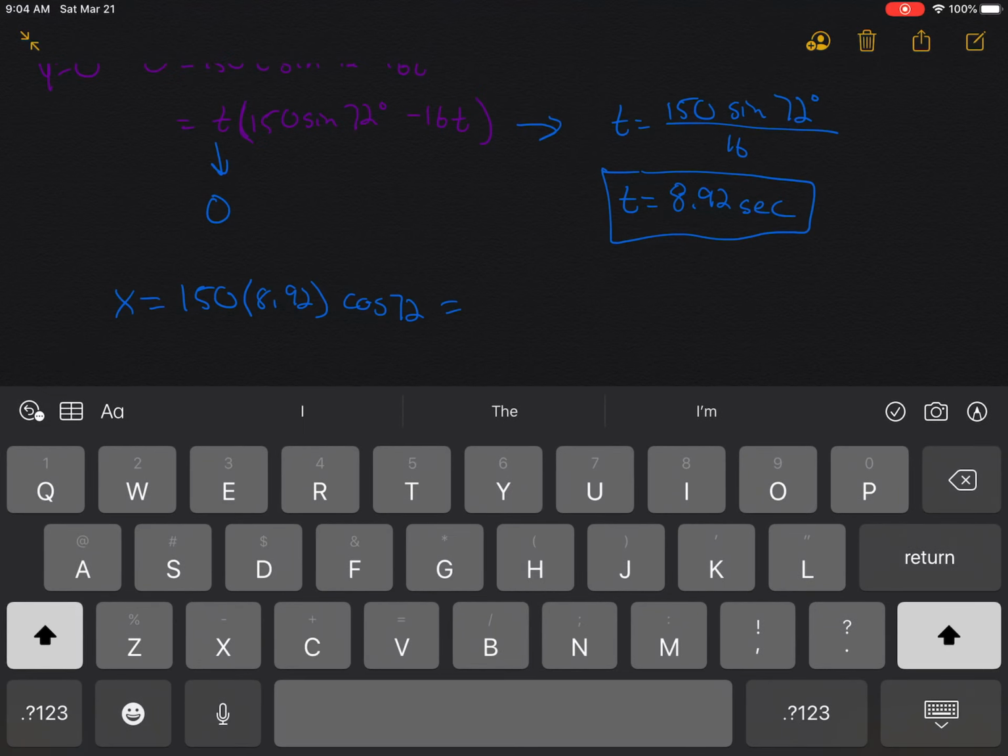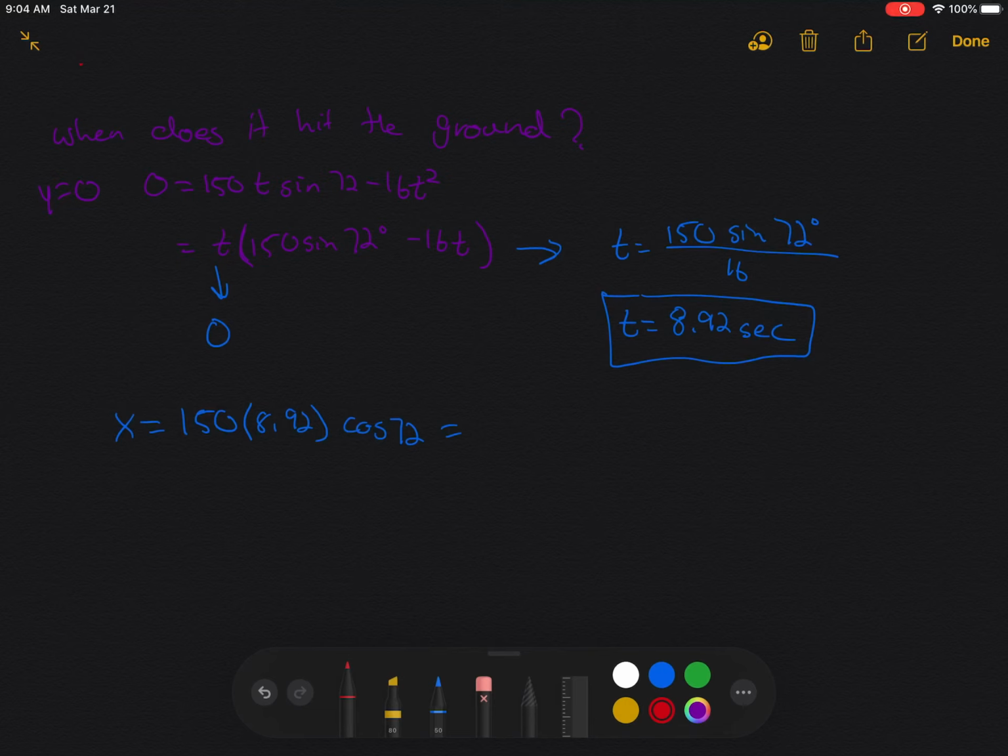I'll just write that up here: final horizontal distance.